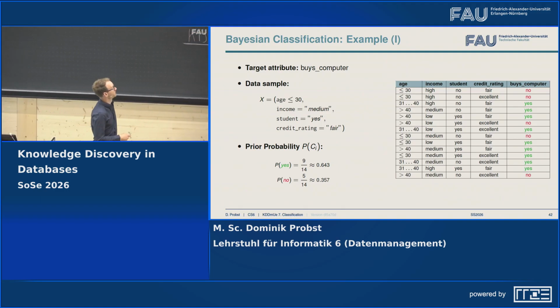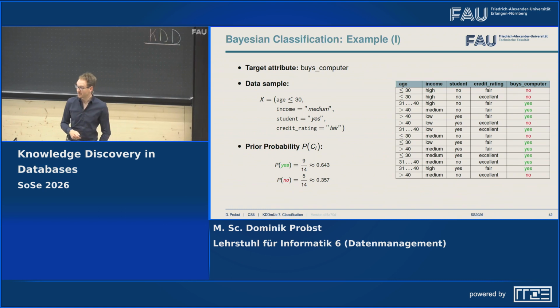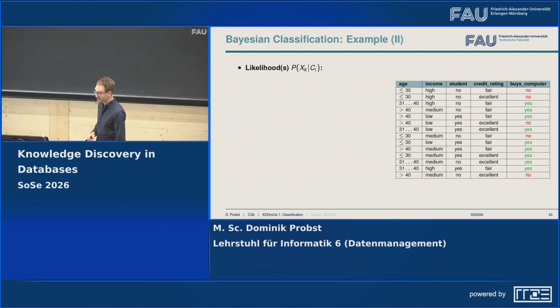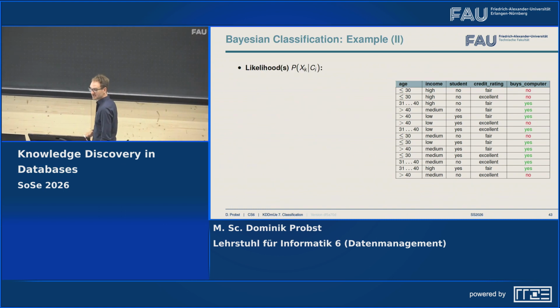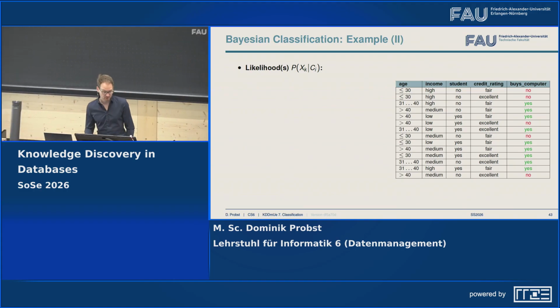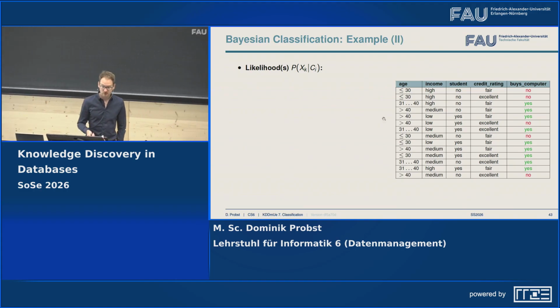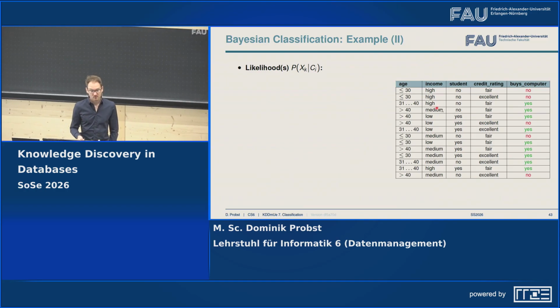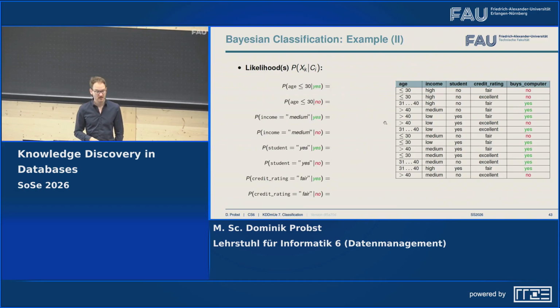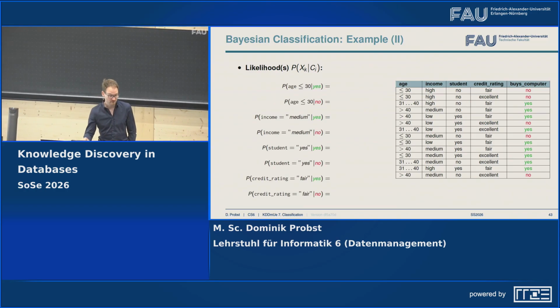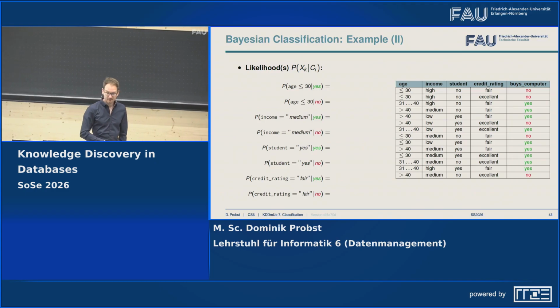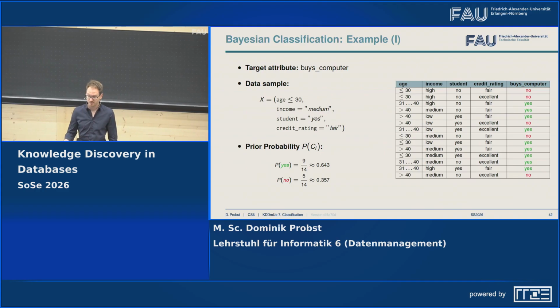That's the prior probability. Now we need the likelihoods. The likelihoods are harder to do. We have to do the likelihoods for each combination. And since we know for which tuple we calculate these probabilities, we have to only look at these cases.